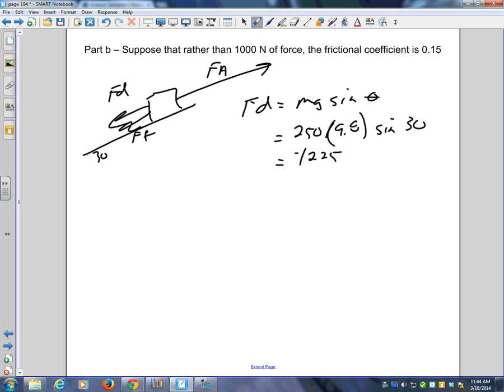But the FF is going to be different, right? And in this case, yes, we're going to have to go mu equals FF over Fn. What is the normal force now? Or that perpendicular force? What's the formula for that? You remember?